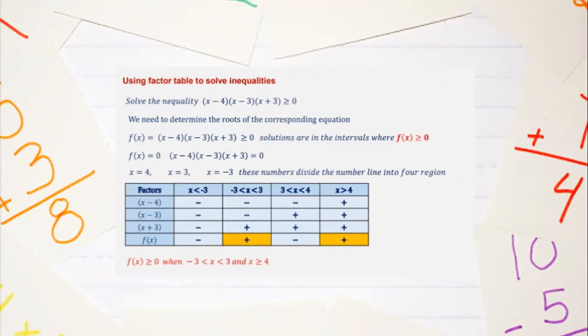And in x minus 4, x minus 3, x plus 3, and f(x), if we put in values of x greater than 4, we get all positive values. So f(x) is greater than or equal to 0 when minus 3 is smaller than x smaller than 3, and x is greater than 4.